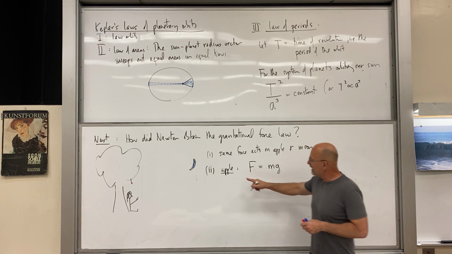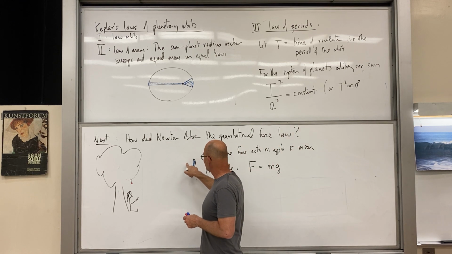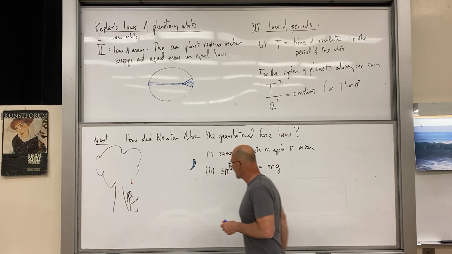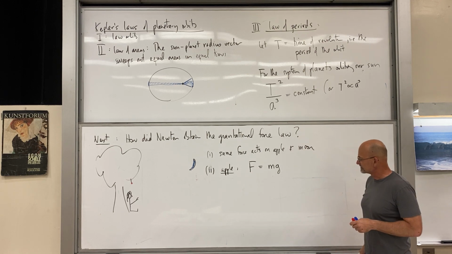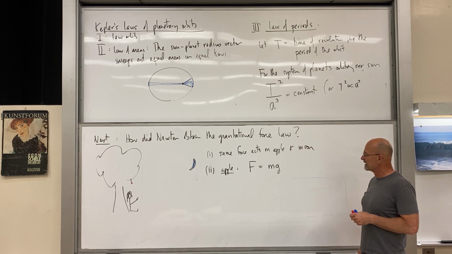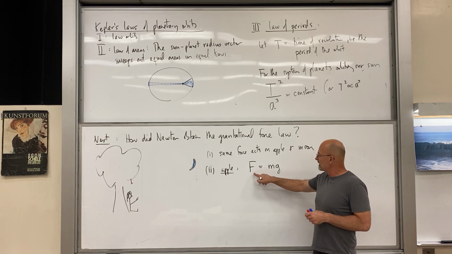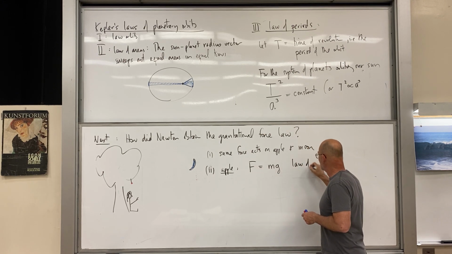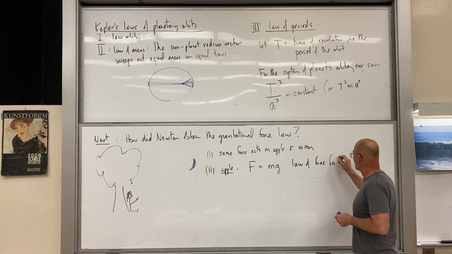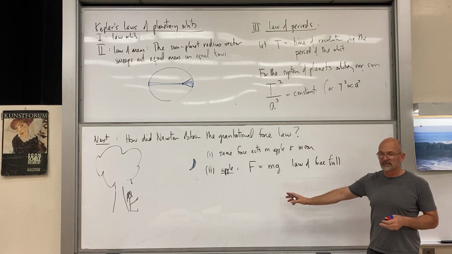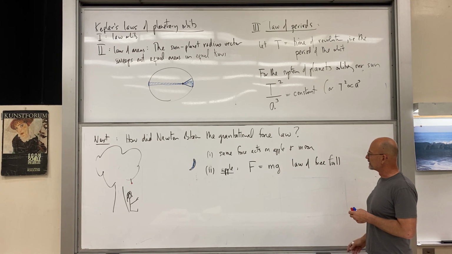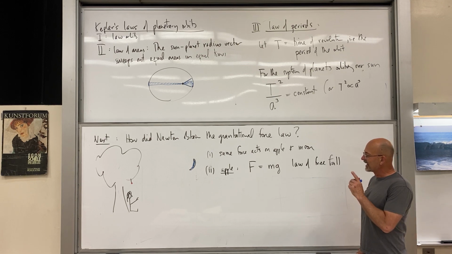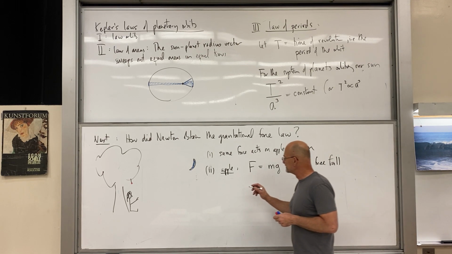Now, if the same type of force is acting on the moon as on the apple, then by the, I mean, let me write here, law of free fall. Okay. Law of free fall, right? Mg, free fall.